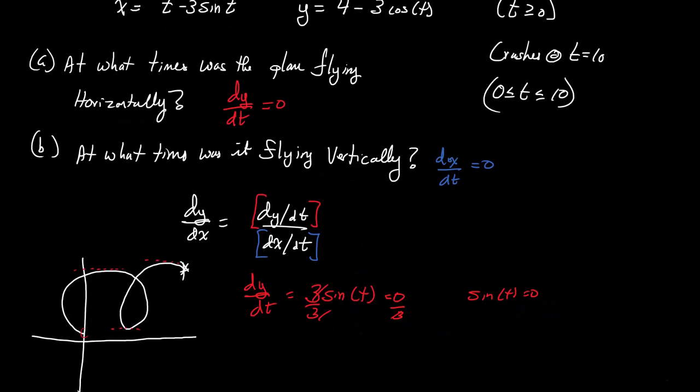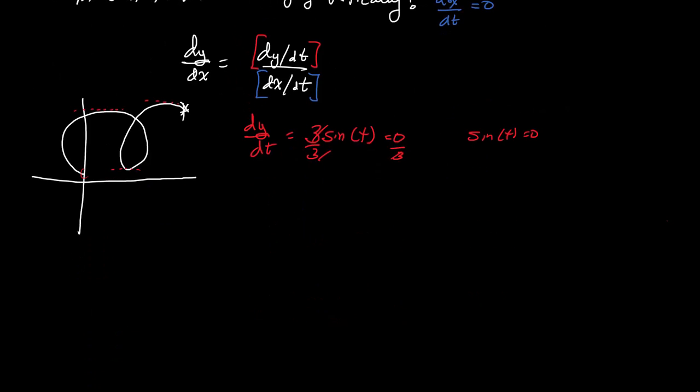So this will equal 0 clearly when t equals 0, and then when t equals pi, and then when t equals 2 pi, and we have to go one more time because we're going all the way to 10, and t equals 3 pi. So that's when the derivative's numerator equals 0.